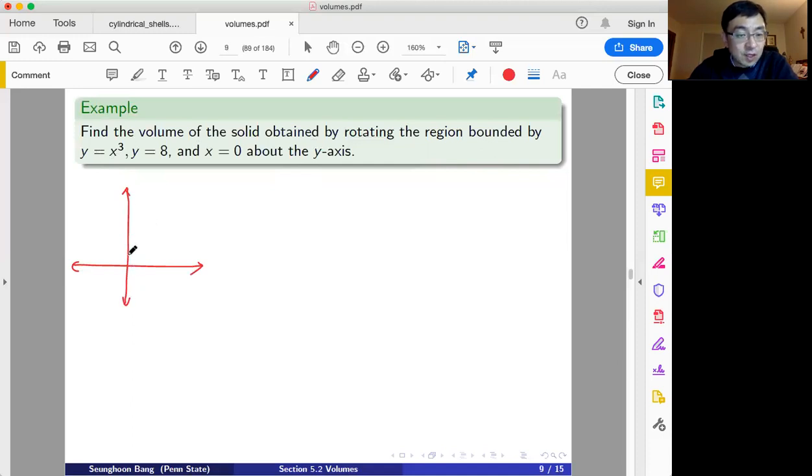The graph of y equals x cubed is like this.